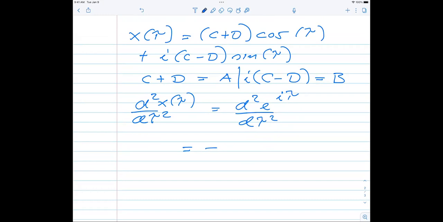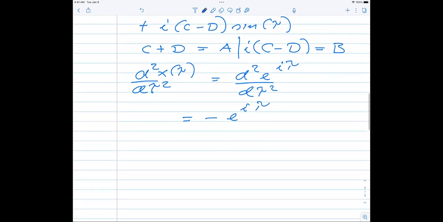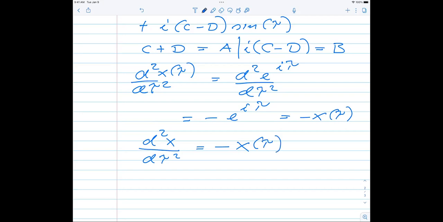The original differential equation was d squared x over d tau squared equal to minus x, so this is actually minus x of tau. I can do the same thing with the other exponential, e to the minus i tau, and you will see that it is also a solution to this differential equation. So this is a typical way by which you would prove that these are solutions of the differential equation.